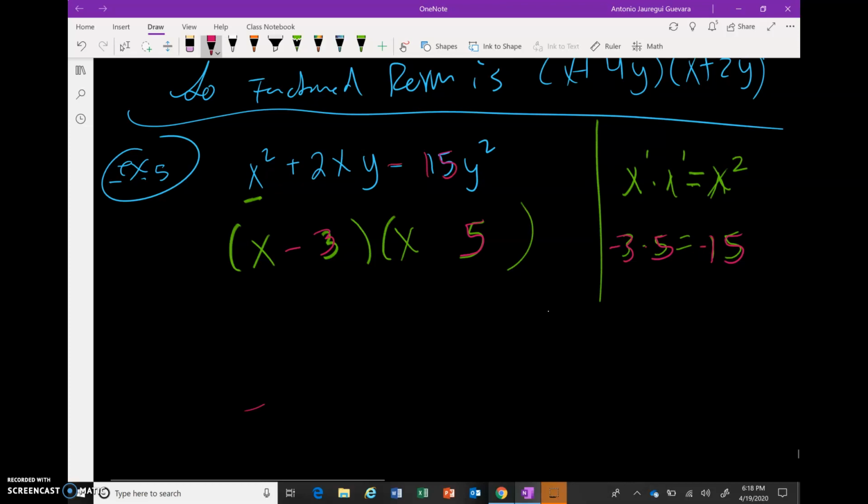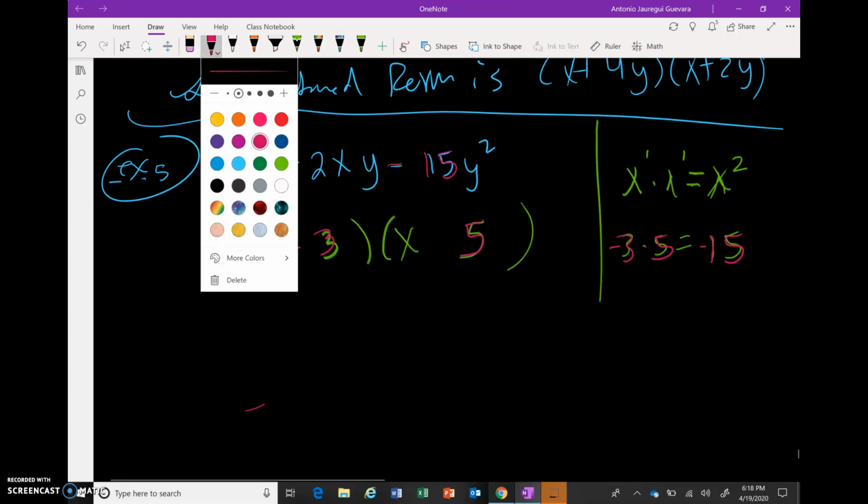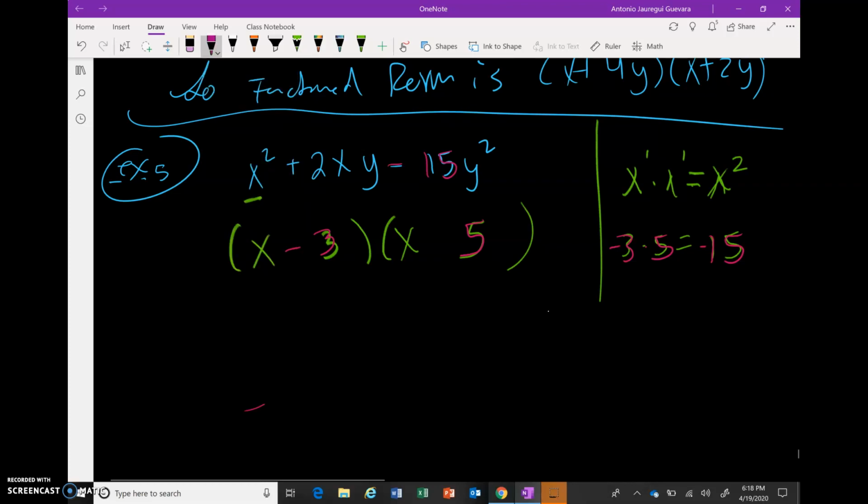Let's go ahead and try the variables. Y times y will give me y squared. Good, because I have y squared here. So that works.